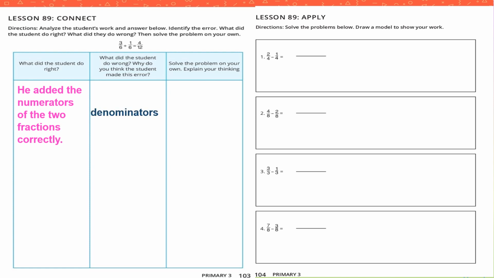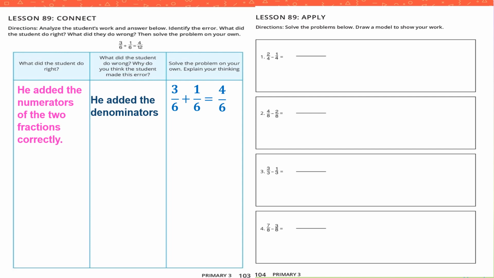But the mistake here, he added the denominators. And we said before, when we have same denominators, we can't add the denominators, but you must put it as it is. So the right answer here, 3 over 6 plus 1 over 6 equals 3 plus 1 equals 4 over the denominator, no change. Put it as it is.